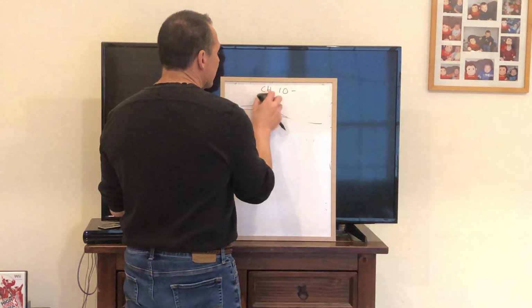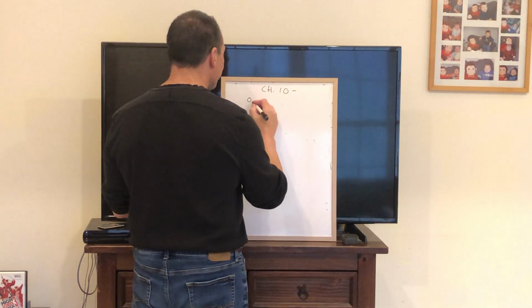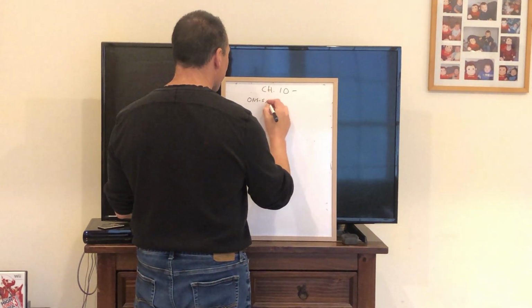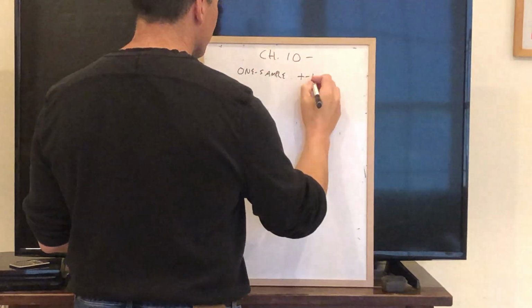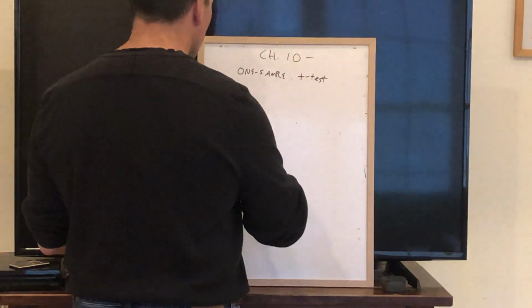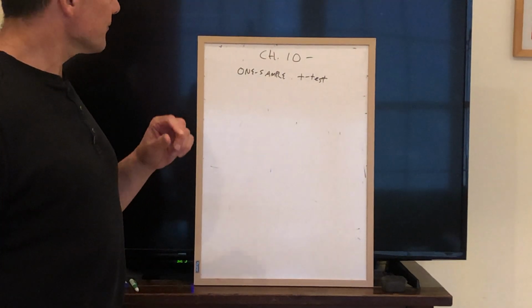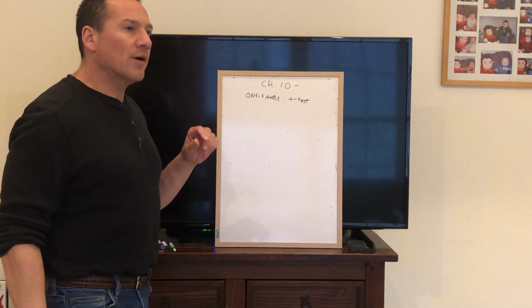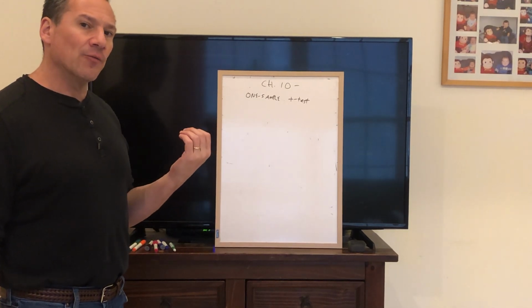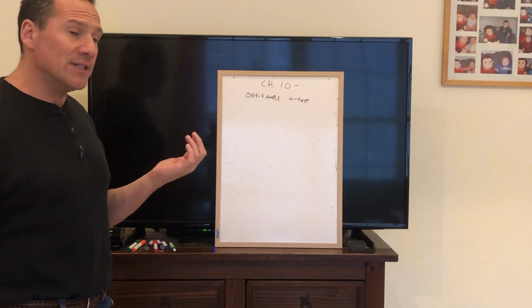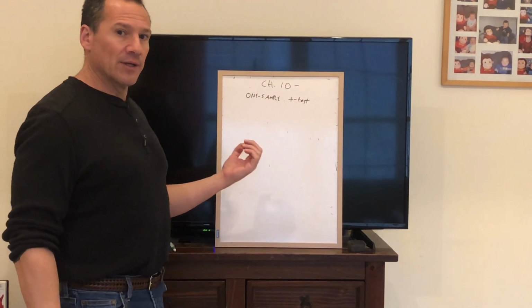The first t-test that we're going to go over is called a one-sample t-test. With a one-sample t-test, we are doing something very similar to what we have been doing with hypothesis testing with the z-test, except now we're estimating sigma.